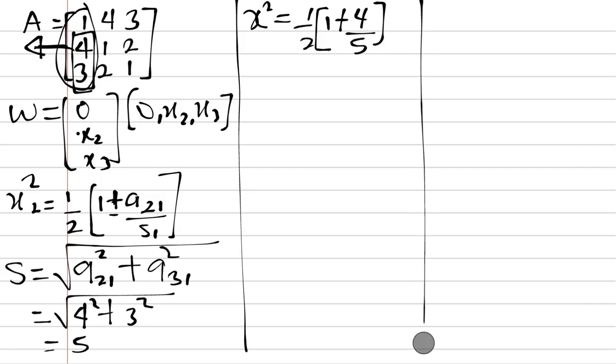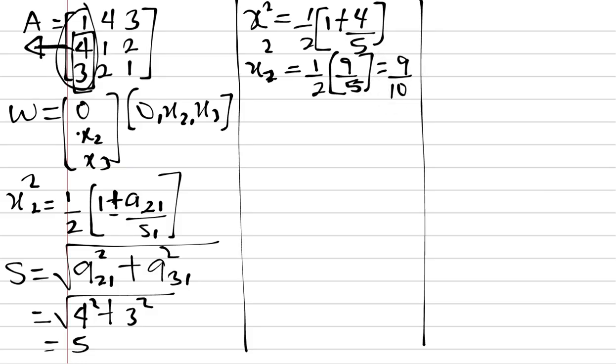So then we are going to come again. So that will now give us x2 squared equal to 1 over 2 into bracket 1 plus 4 over 5. That will give us 9 over 5. And if you multiply that, you will have 9 over 10.